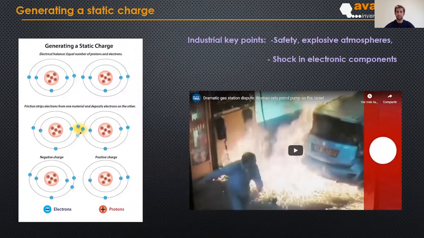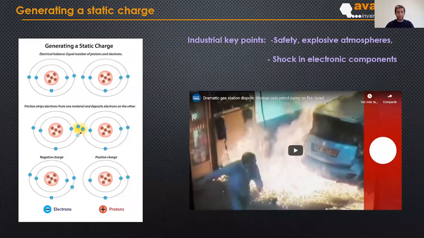First, we are going to show what static charge is and how it is generated. Everything is formed by atoms, in your body and in the earth. There are atoms that have the capability to donate or take electrons. It means that at the end, some atoms end up with extra electrons and other atoms with a deficit of electrons.